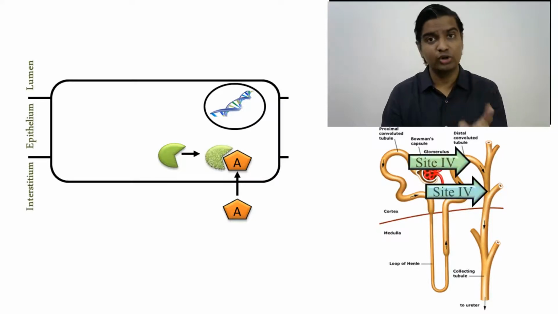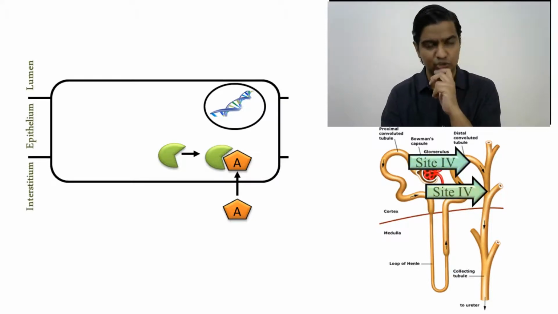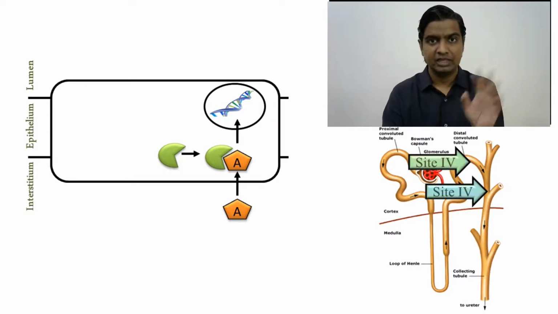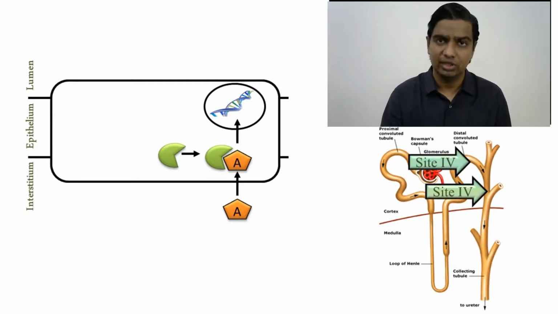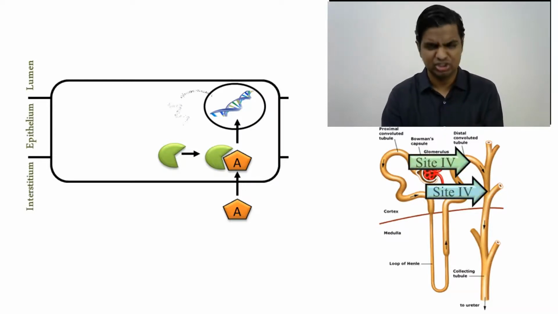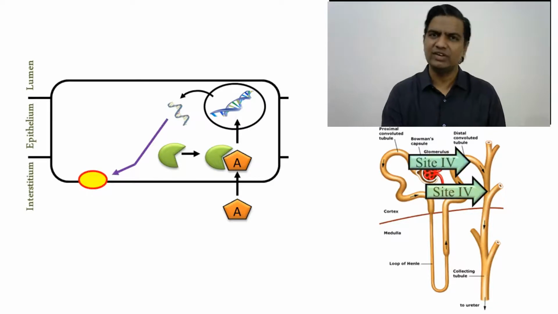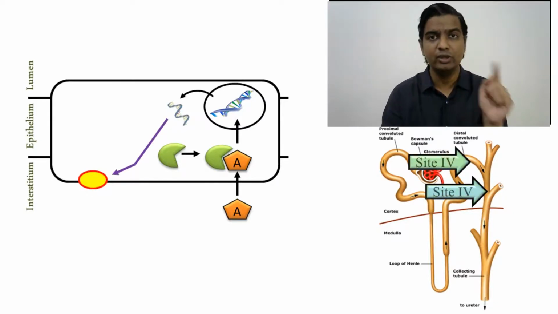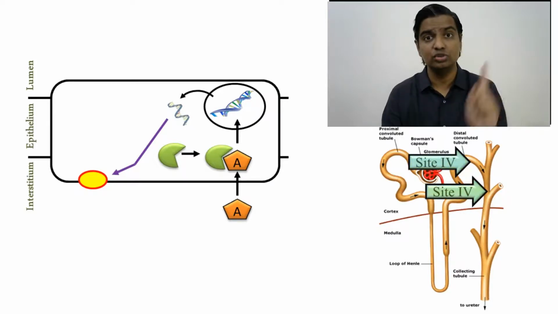This receptor binds to the aldosterone molecule, and this hormone receptor complex enters the nucleus. Here it interacts with specific segments of DNA, genes, and the gene gets converted to mRNA. mRNA becomes proteins. Because these proteins were formed because of aldosterone, we are going to call them aldosterone induced proteins.